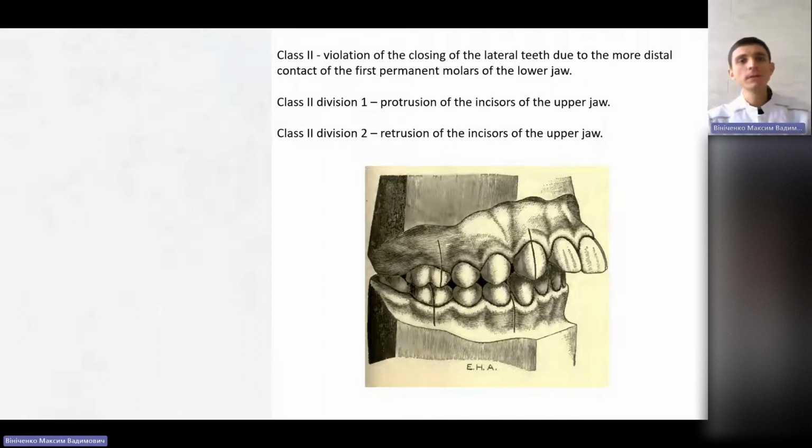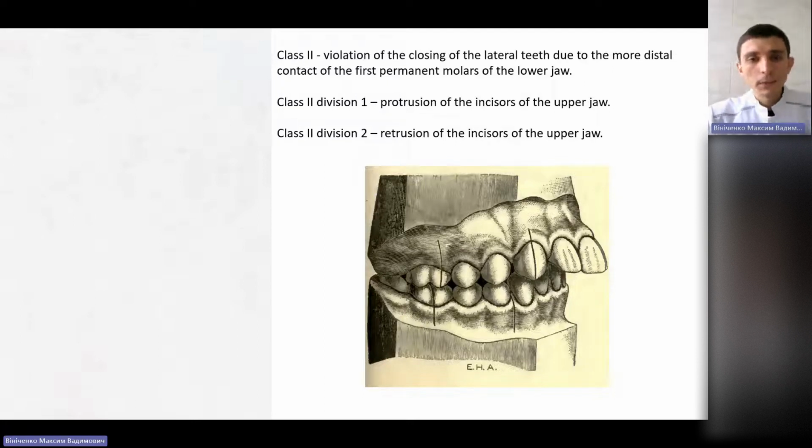There is a difference in the position of the incisors. If the patient with class 2 division 1 has a protrusion of the incisors of the upper jaw, their incisors are protruded forward. In class 2 division 2, the patient has a retrusion of the incisors of the upper jaw.